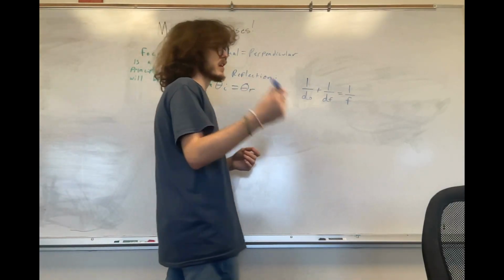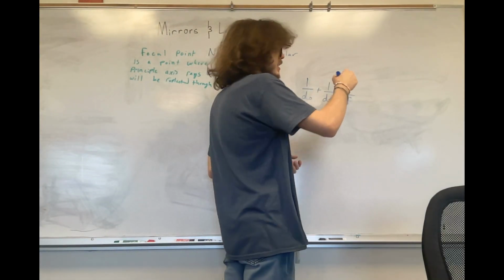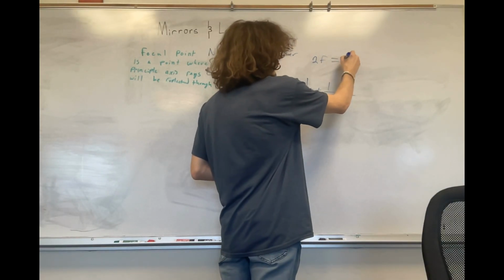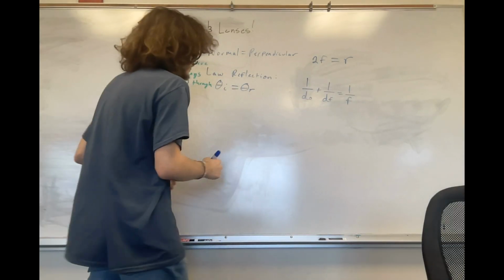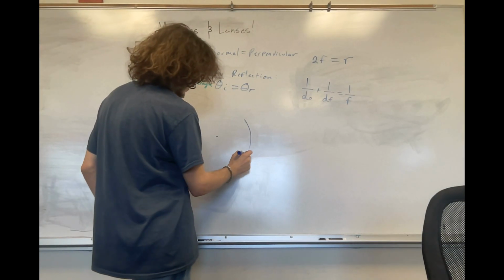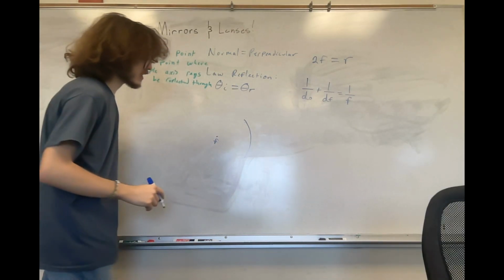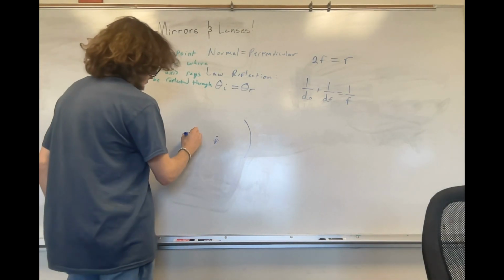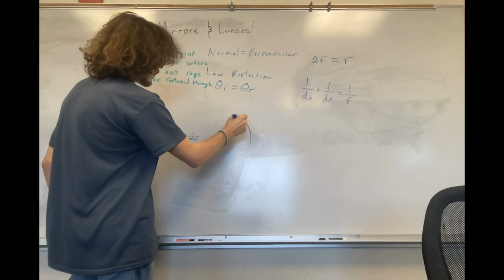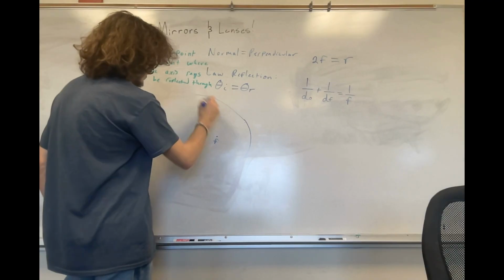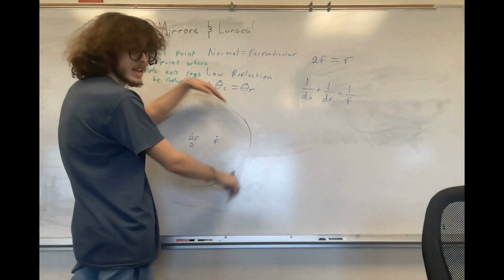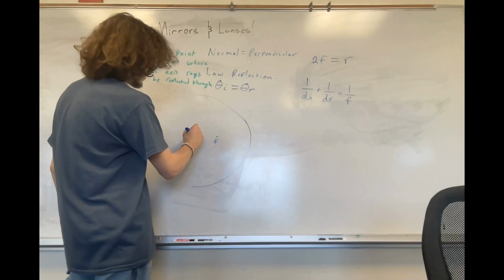We also have another one, and it's very simple. 2 times your focal length equals your radius of curvature. Now, your radius of curvature, let's say for example I have a concave mirror, and let's say this is my focal distance, the radius of curvature is two times that. So this is r, and what this means is this is where the radius of your circle, if your mirror could extend as a circle, would be.